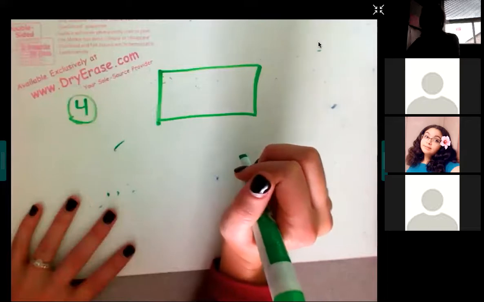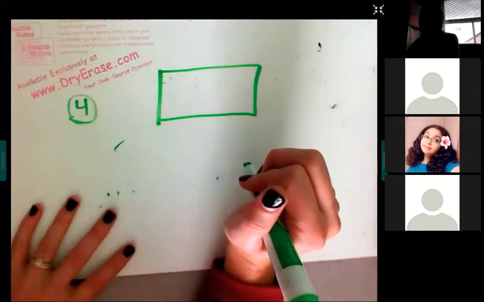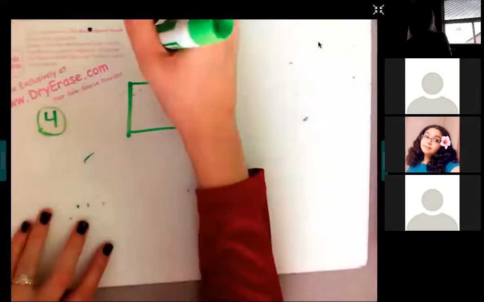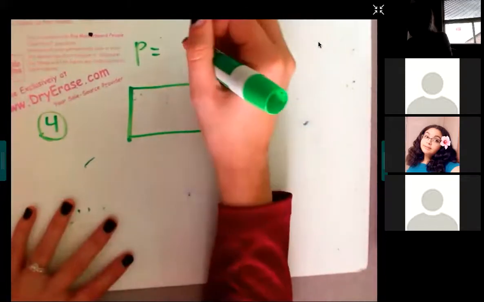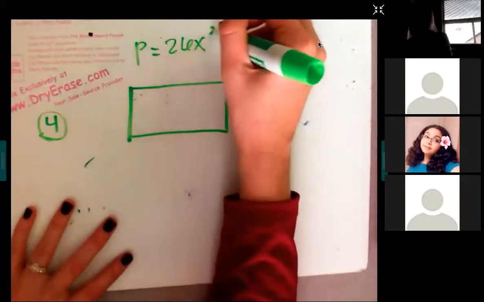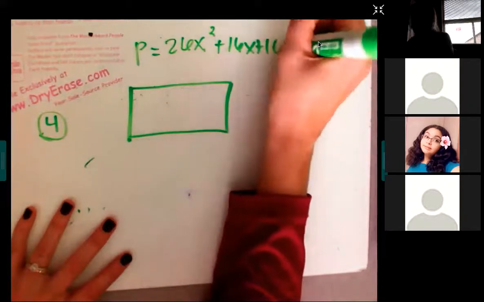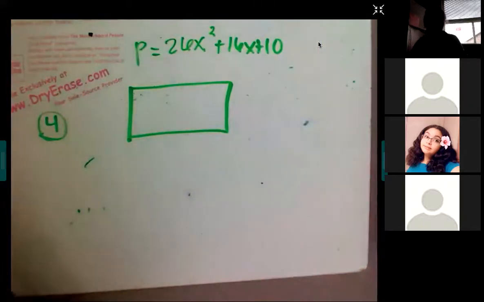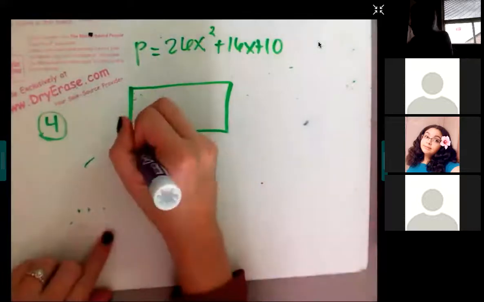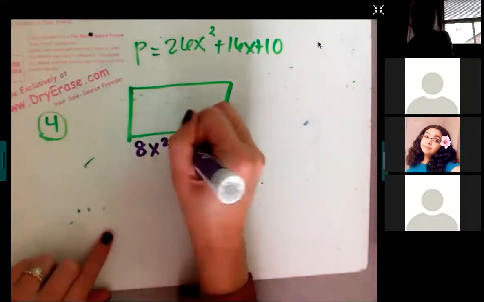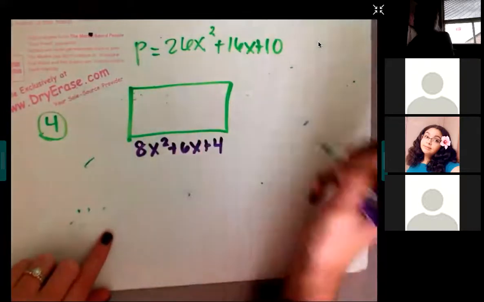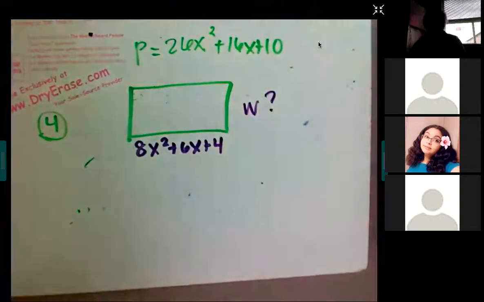Now, if you keep reading number 4, it says the perimeter, so I'm going to write this up here at the top. The perimeter is 26x squared plus 16x plus 10. And then it tells me the length is 8x squared plus 6x plus 4, and it asks me for the width.